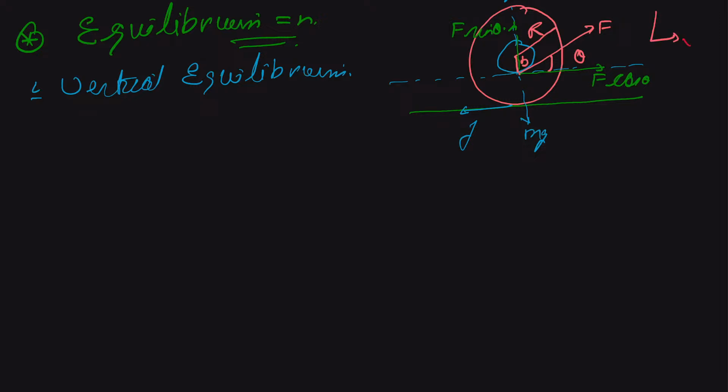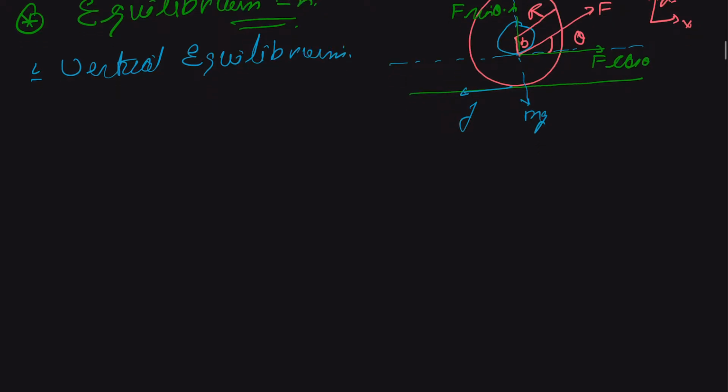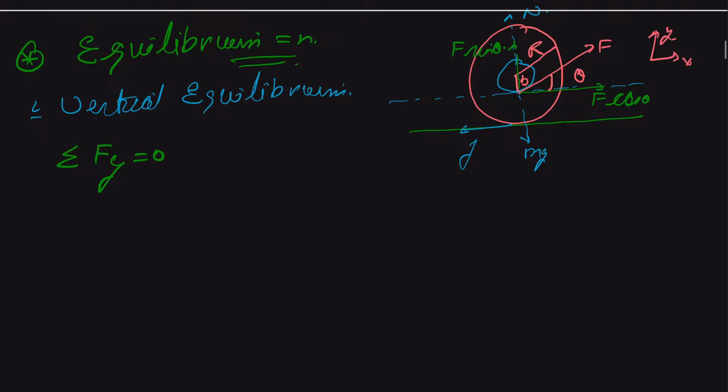So this is our x, and we have y. So we can say that the summation of forces in the y direction will be equal to 0. So based on this, we can say that N plus F sine of theta minus mg will be equal to 0.